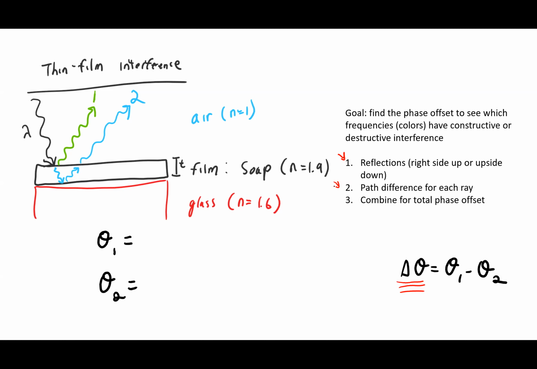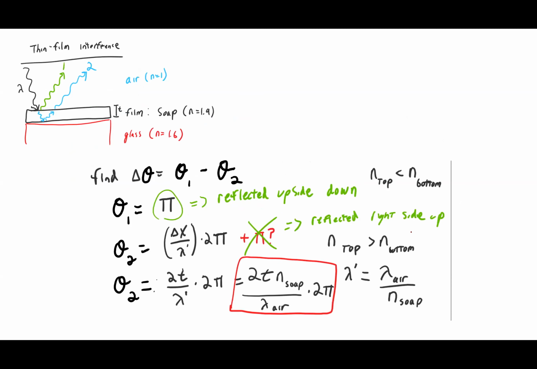Because there's several things to keep track of, this is the way I recommend handling this problem: writing down the phase that each of the 2 waves experiences. So the first wave reflects off the top of the soap film. So it gets a phase shift, right? It gets a pi phase shift because it reflects off of a higher index of refraction.